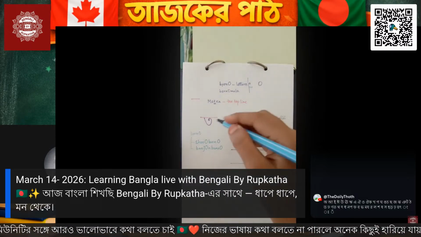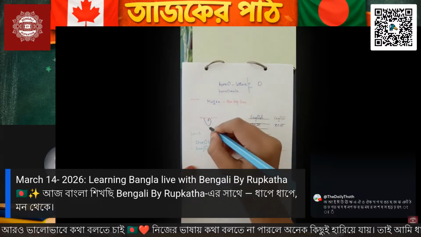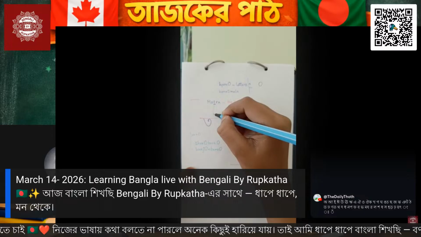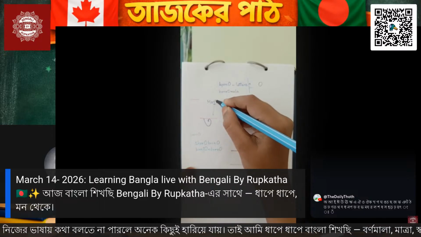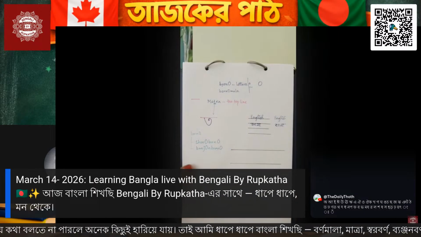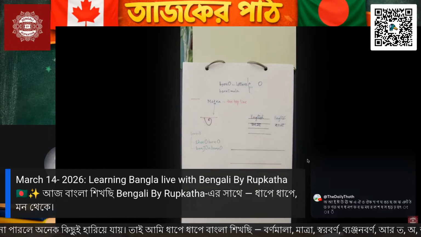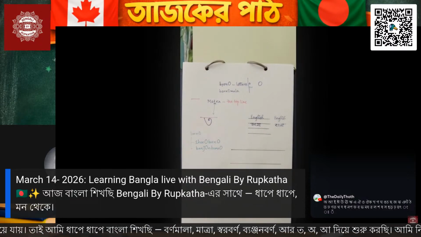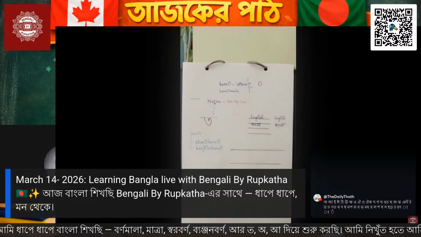And this is read as ta. So this is a representation of this sound that I wrote in the word matra, ta, where you touch the tongue to the back of your upper row of teeth inside your mouth, which gives this sound ta.